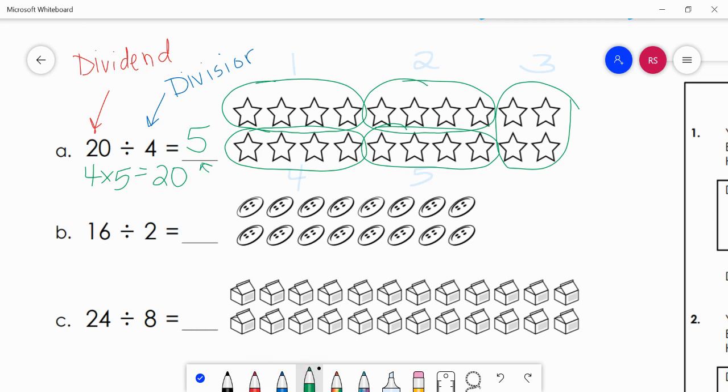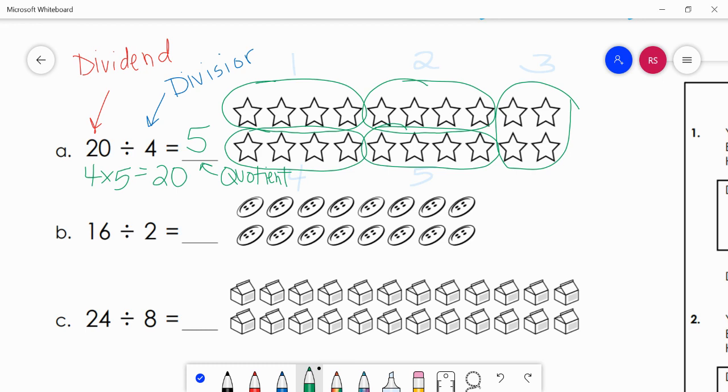And 5 is also what we call our quotient. Go ahead and echo that word, quotient, for me. So a quotient is the answer to a division problem. Awesome job. So we've taken our total, which is our dividend of 20, and divided it up into equal groups of 4.